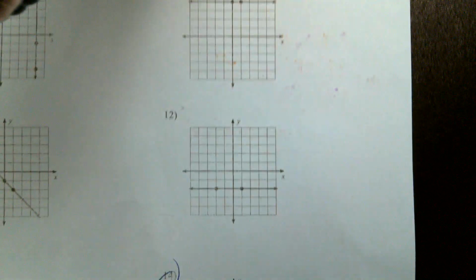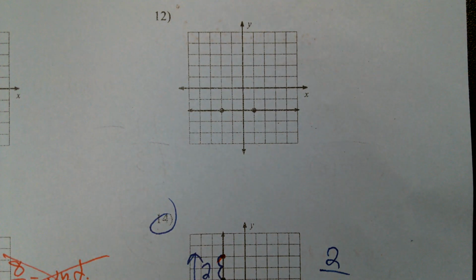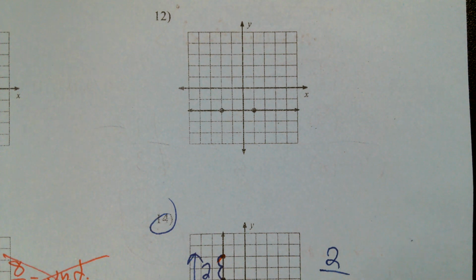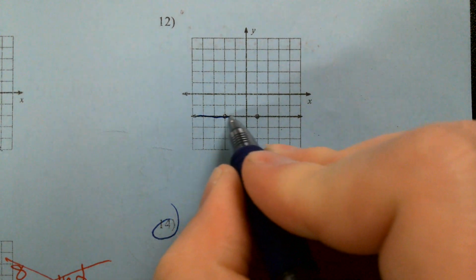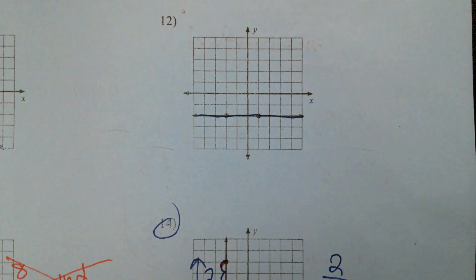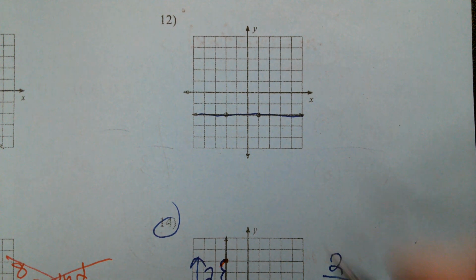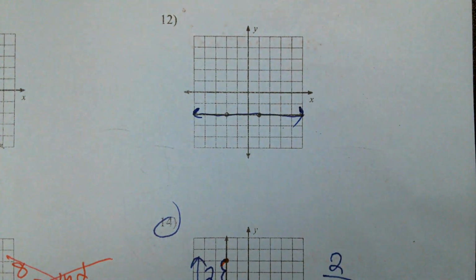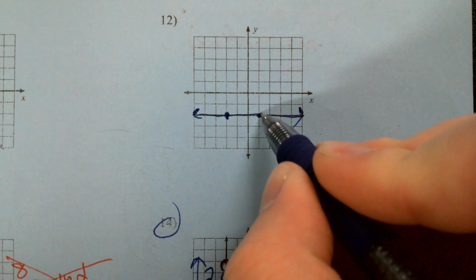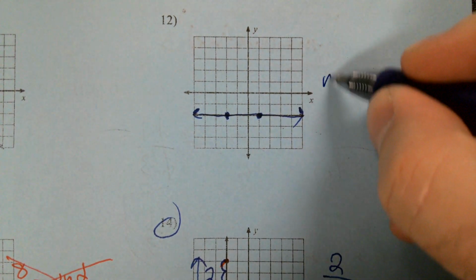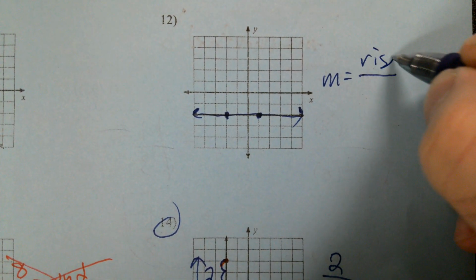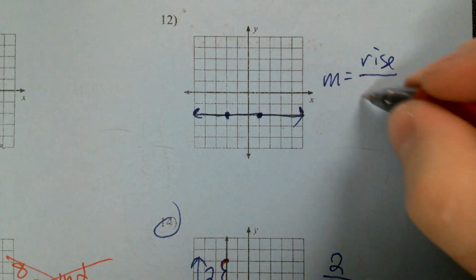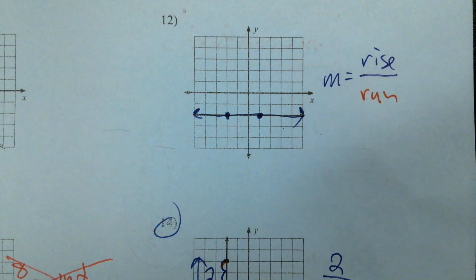Last one I want to do is number 12. What type of line do you see in number 12? Is it vertical or horizontal or diagonal? Horizontal. Horizontal, right? So if we count from left to right, how many spaces do we rise up? 0. We don't have to rise up at all because those points are on the same level.